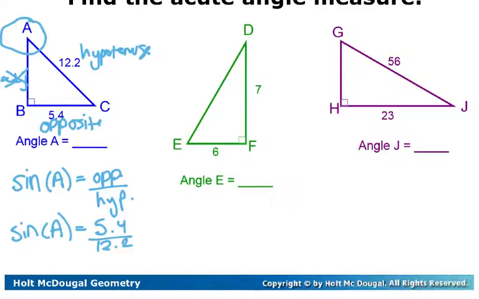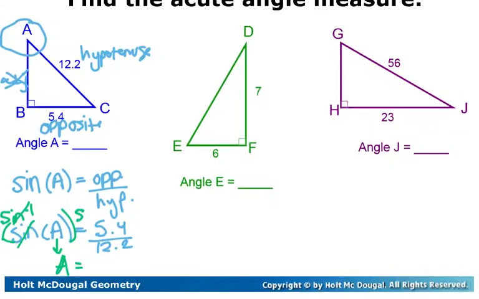Now to solve this so that I can get A equals, how do I undo a sine of both sides? I would take the sine inverse of the left side, which would cancel the sines and leave me with A. But because I did it to one side, I have to do it to the other. So I'm officially going to be solving sine inverse of this fraction.